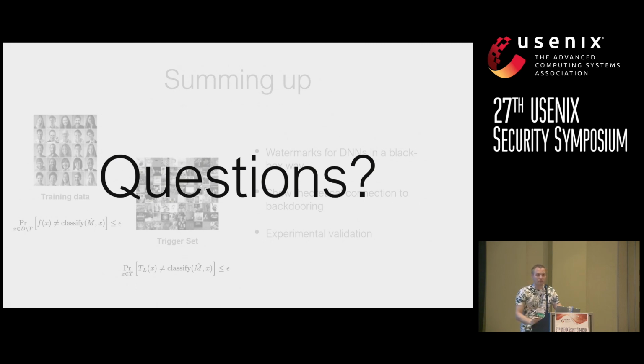In our case, we have not investigated that. The work at Asia CCS actually considers this setting as well. For a theoretical analysis, we assume that it's a different input distribution, but in practice, it might be that if you have inputs from the same distribution, you see a similar behavior.